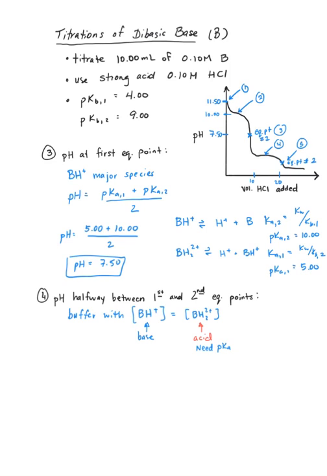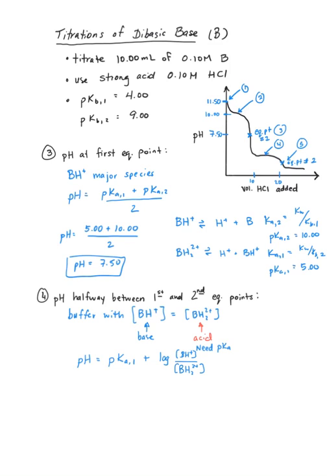Therefore, the pH of this buffer solution is the pKa1 for BH2+ plus the log of the concentration of our conjugate base, BH+, over our conjugate acid, BH2+.